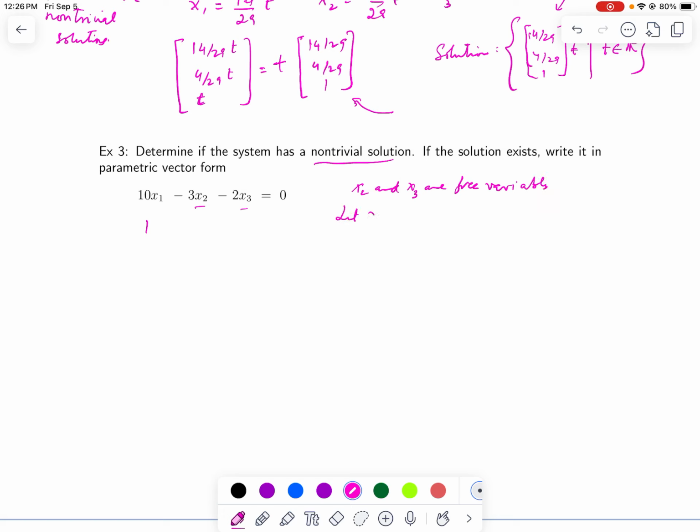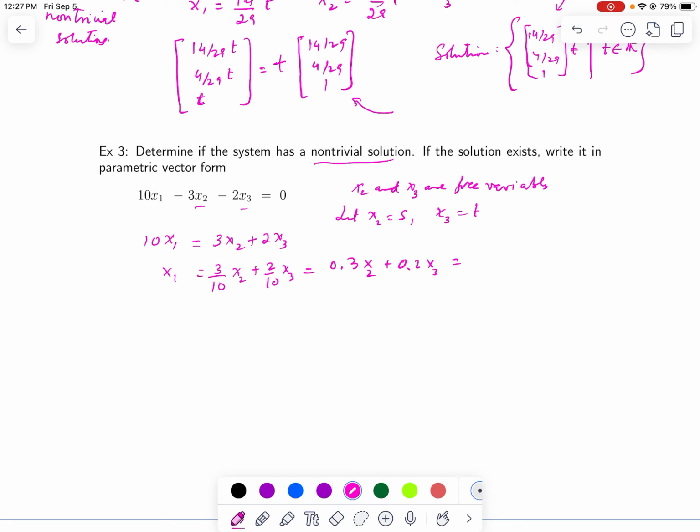So let's say let x2 equal to s and x3 equal to t. So I can write the equation. I have to now write x1 as a linear combination of x2 and x3. So I can write 10x1 equals 3x2 plus 2x3, or x1 equals 3 over 10 x2 plus 2 over 10 x3, or 0.3 x2 plus 0.2 x3.